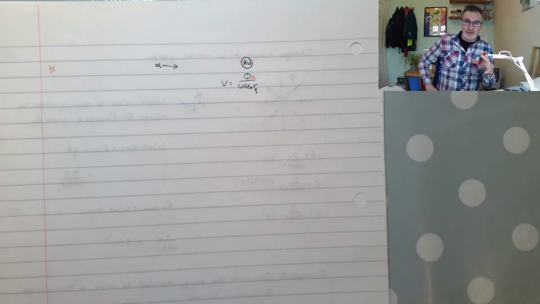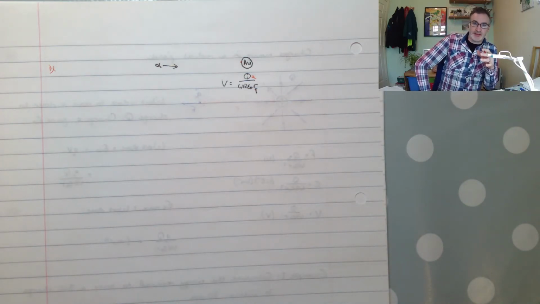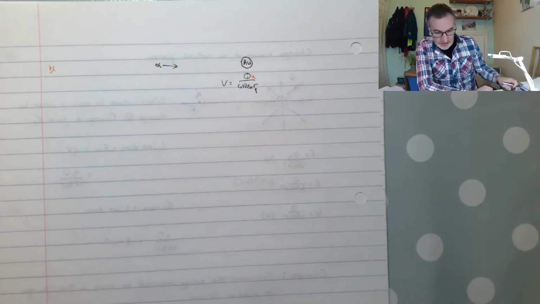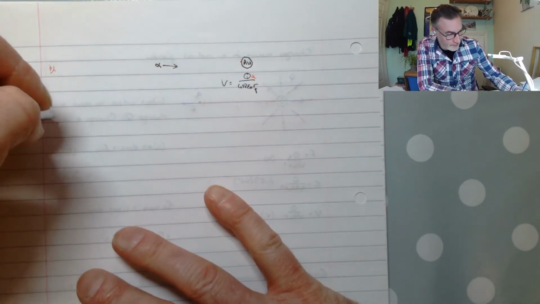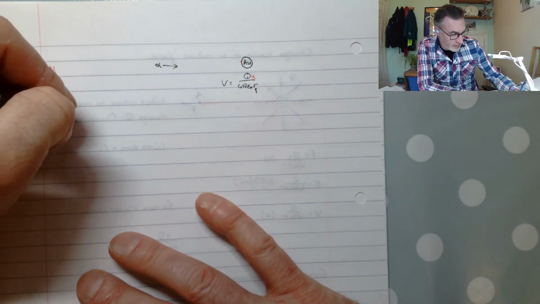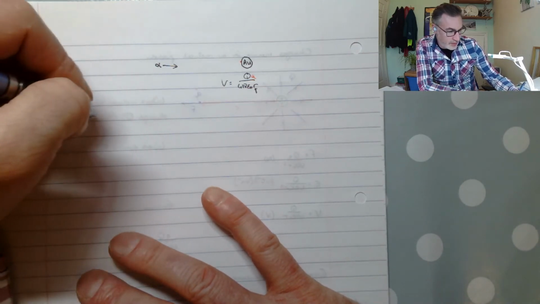So the question would typically be that you would be given an initial velocity of the alpha particle, and you would be asked to find the distance of closest approach. So this is the closest approach.